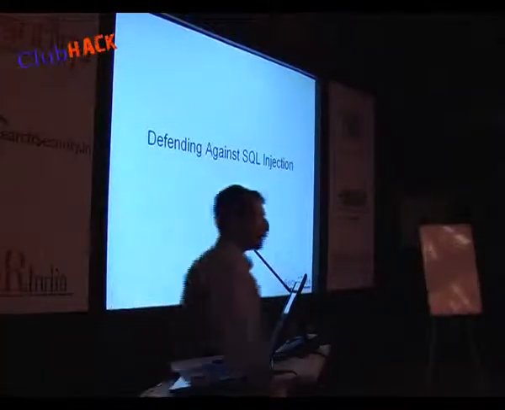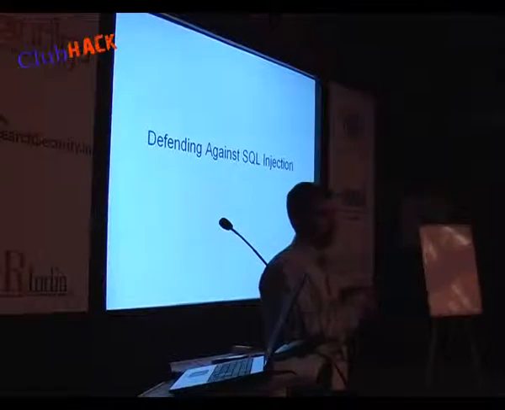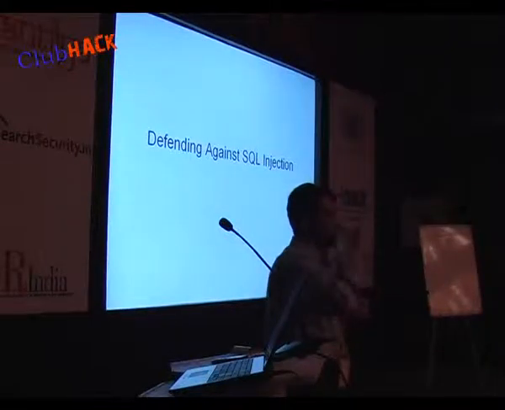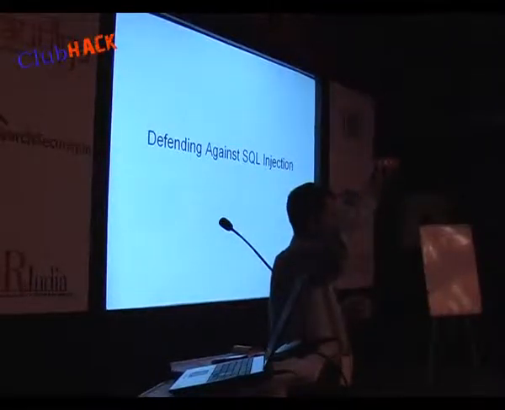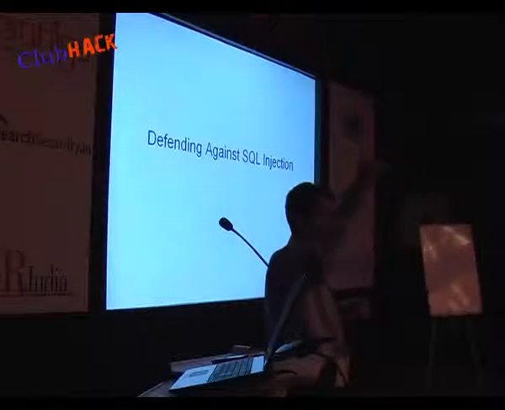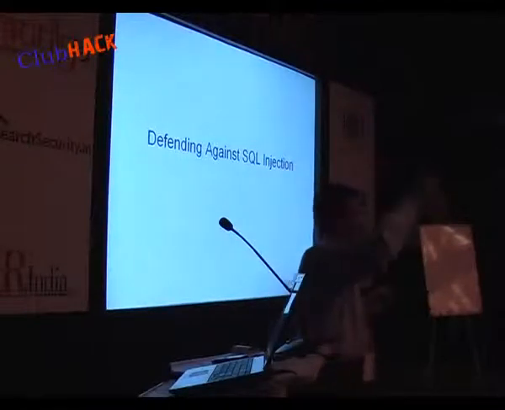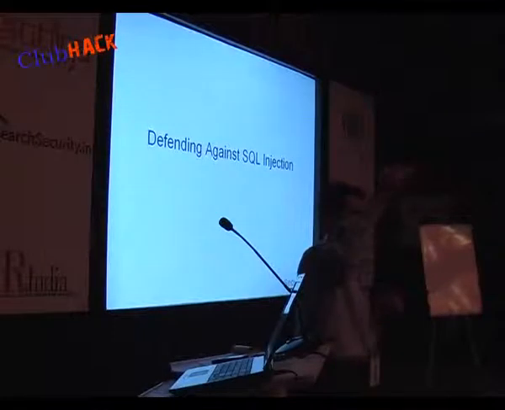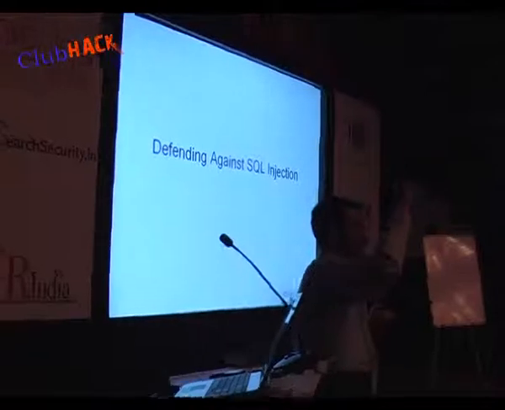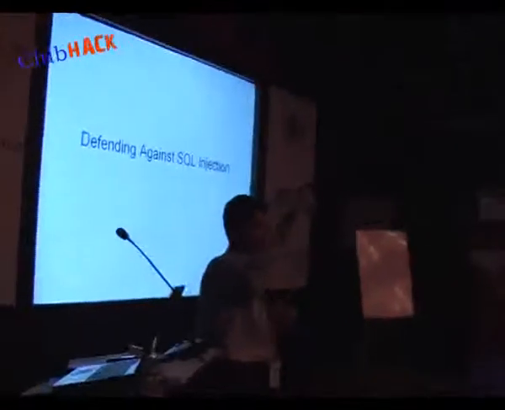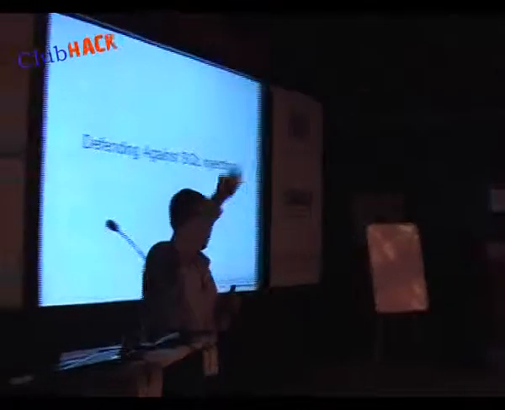Okay. Now if you saw, we gave an input in the parameter as quote or 1 equal to 1 or quote union select. How many of you have friends whose name is union? No, right? How many of you have friends whose name is the symbol percentage? No, right? Or a quote.